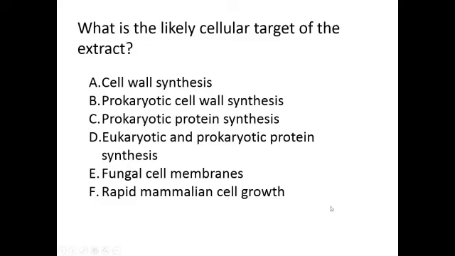So I would say the most likely answers would be definitely fungal cell membranes, rapid mammalian growth. I'm still not sure about the cell wall synthesis. I'll put a maybe on both of them. I'm very not sure about the protein synthesis. But if you came up with a good argument, sure, I'd take it.